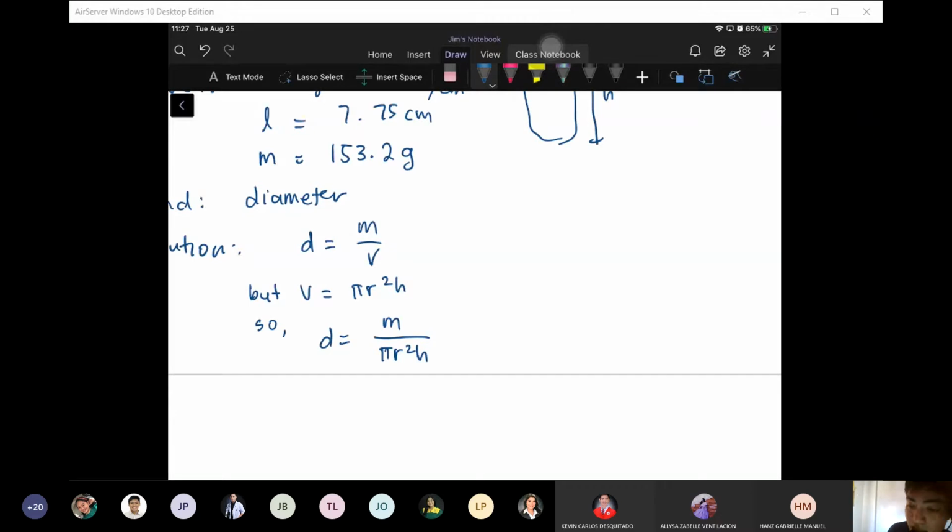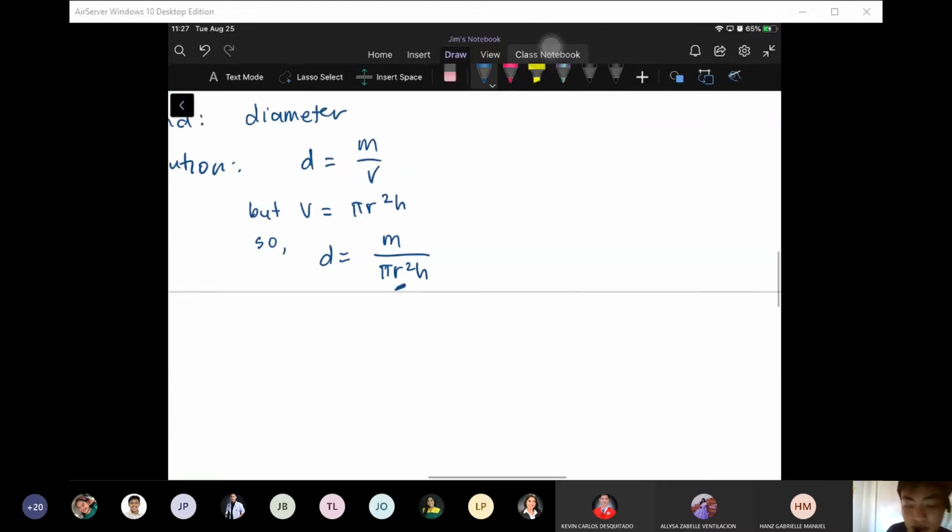We just realized that we can find our diameter using the radius. All we have to do is to rewrite the equation in terms of radius. How are we going to do that? All you have to do is to cross multiply.